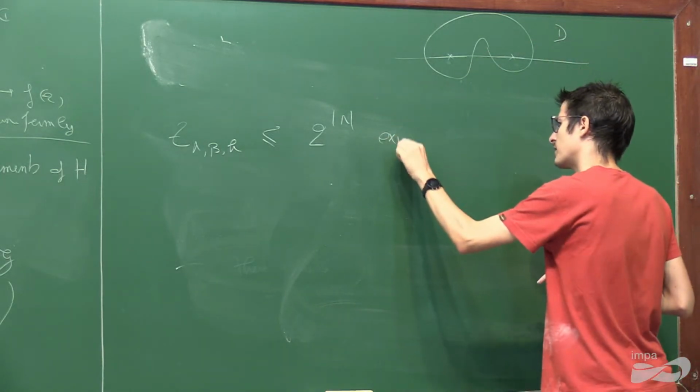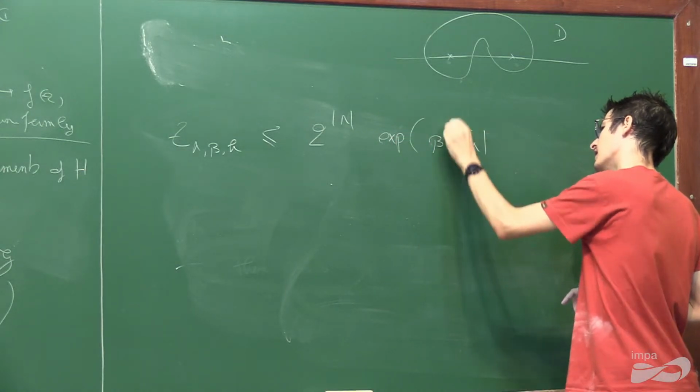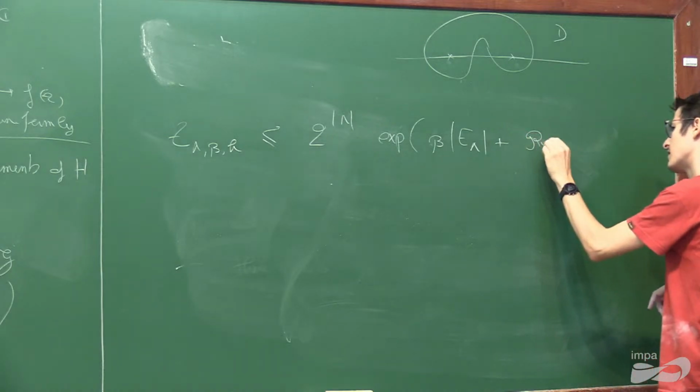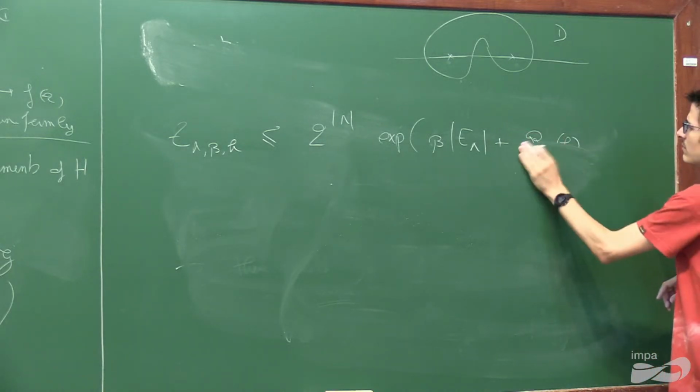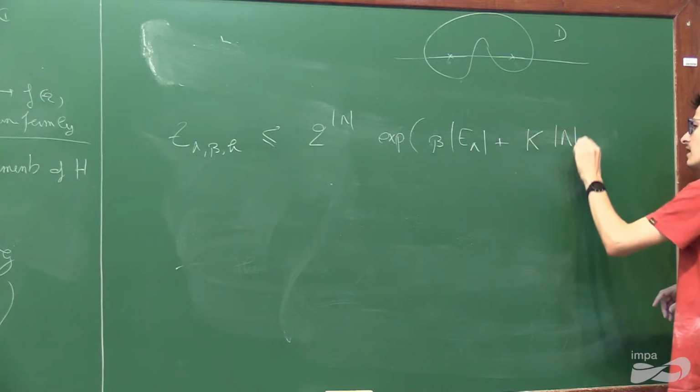Then we get exponential beta times e lambda, and then the real part of h. So the real part of h is smaller than k times lambda.